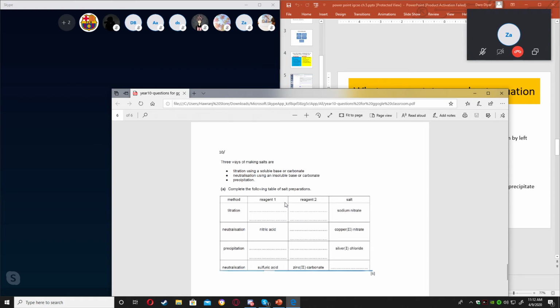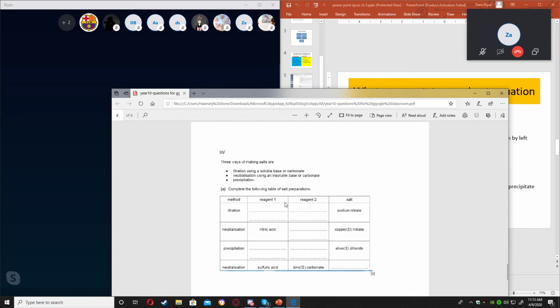Who can read for me? What is titration? Titration. Who can read that? A titration is a technique where a solution of known concentration is used to determine the concentration of an unknown solution.